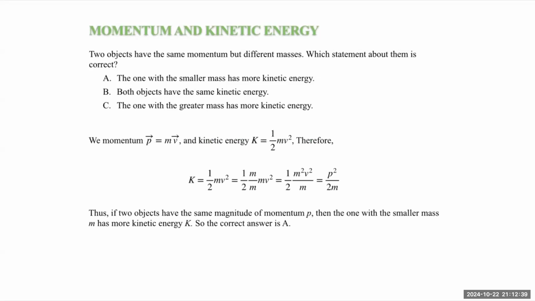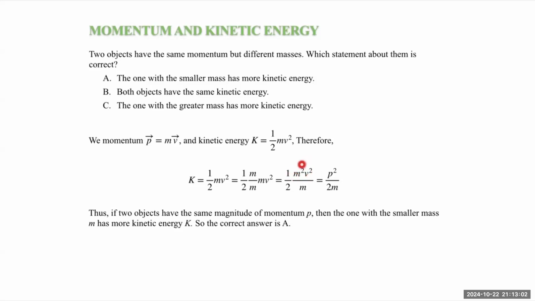Make sense? So that means I can also write down my kinetic energy in terms of momentum. What is the kinetic energy? It's basically half mv squared, right? Now, if I multiply and divide by mass, what am I going to get?